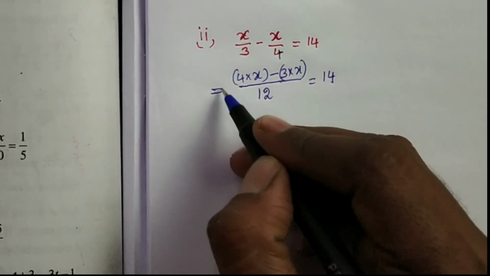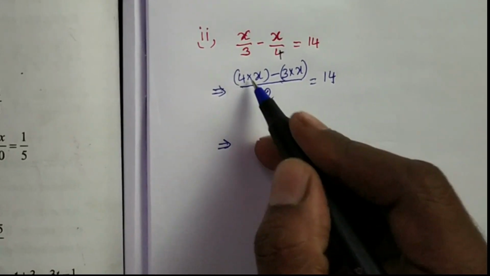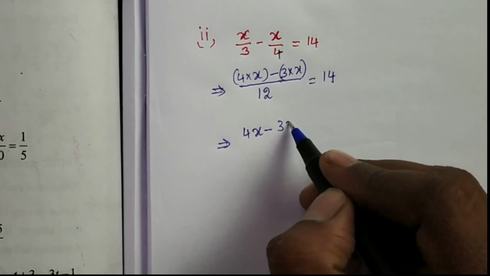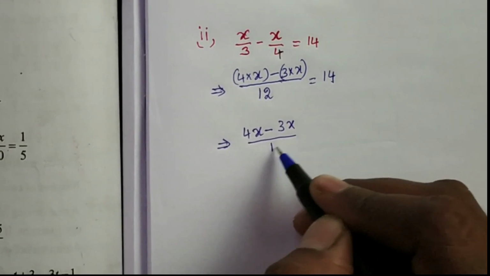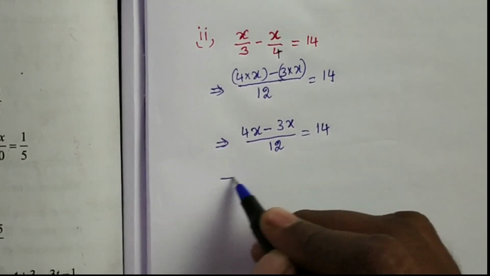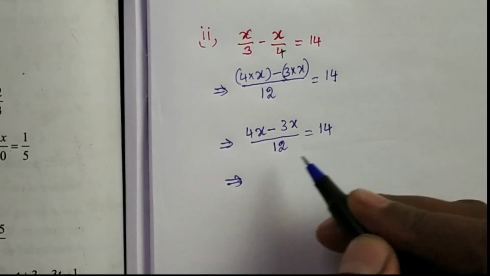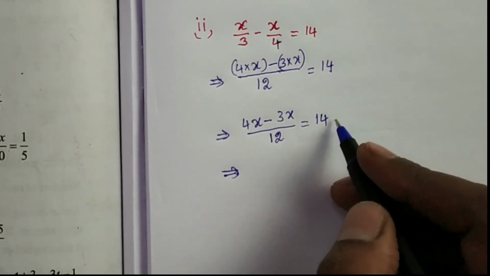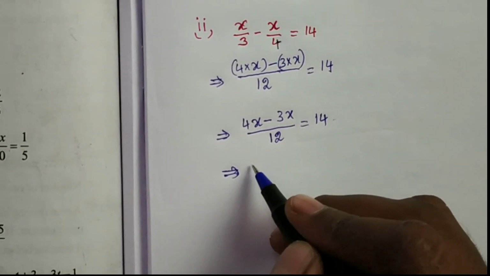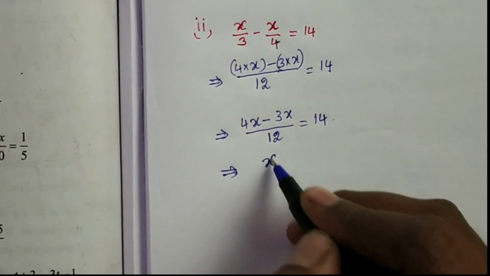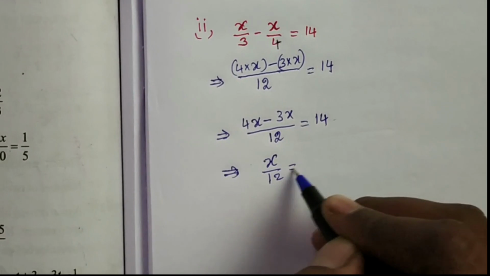Next, multiply it, 4 into x, that is 4x, minus 3 into x, that is 3x, by 12, that is equal to 14. So denominator 12 sent to the right hand side, then it will be multiplied by 14. So 4x minus 3x is equal to x. 1x means x by 12 is equal to 14.